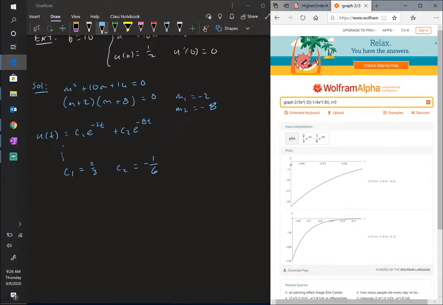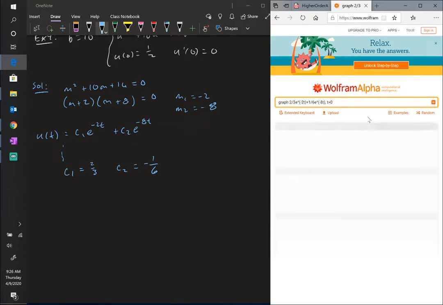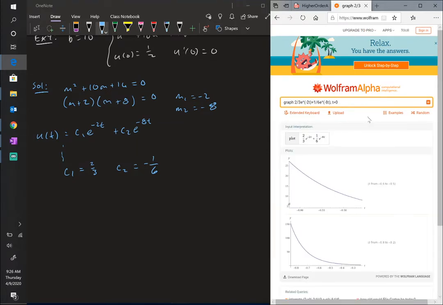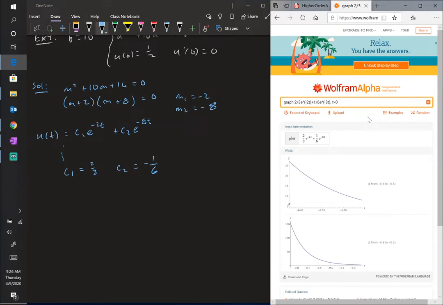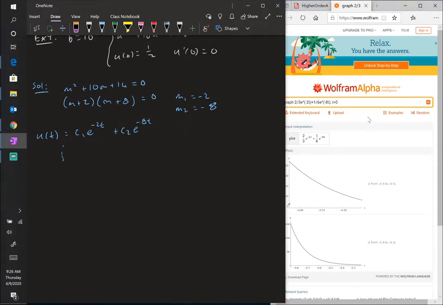Let's see, negative? Maybe positive 1/6. At t = 0, two-thirds plus 1/6 would be too much, right? Let me work out these coefficients really fast. It is going to be more or less like that graph right there.